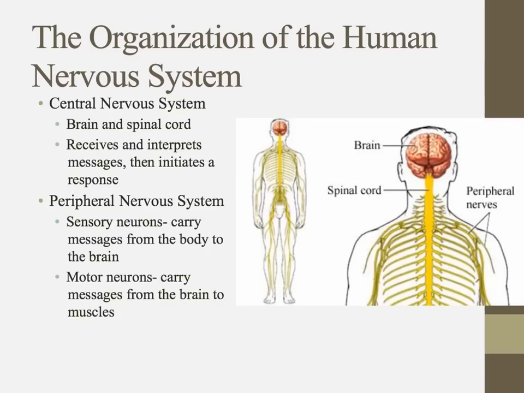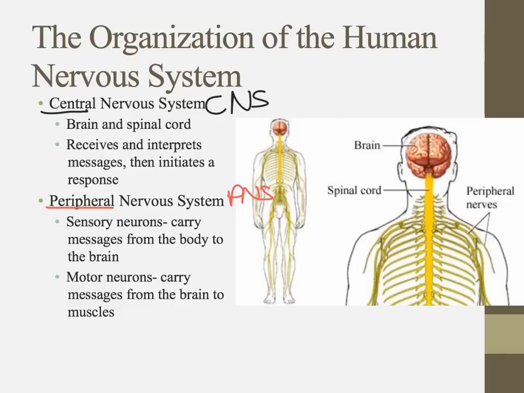Now, when we talk about your nervous system, we can separate it into two parts. We have the central nervous system, or CNS, which really just includes the brain and spinal cord. This is what's receiving and interpreting the messages that all come from another part called the PNS, or peripheral nervous system.